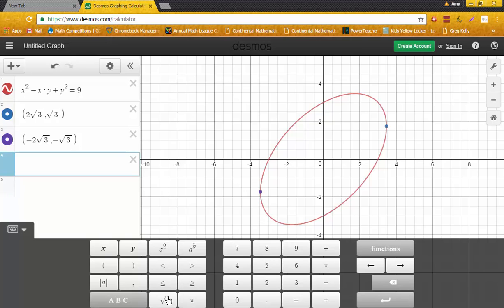Now, let's do line 4. What would the equations be for those tangent lines? Well, y crosses the y-axis, x crosses the x-axis. So it's going to be x equals 2 root 3.